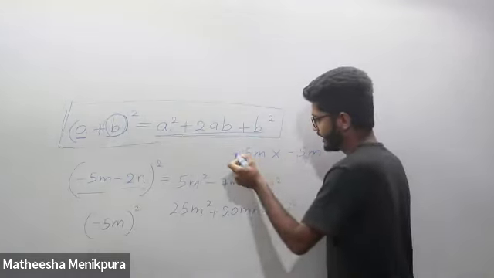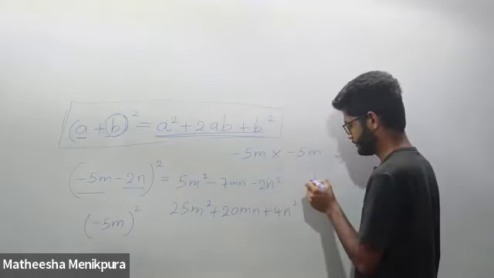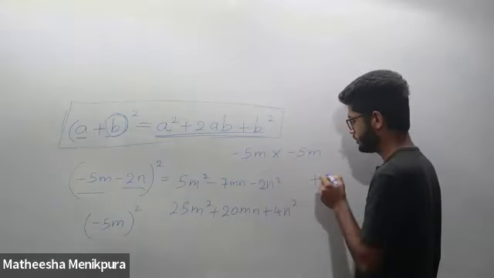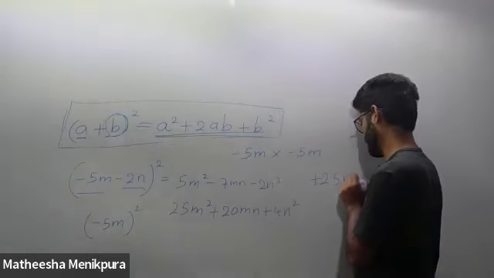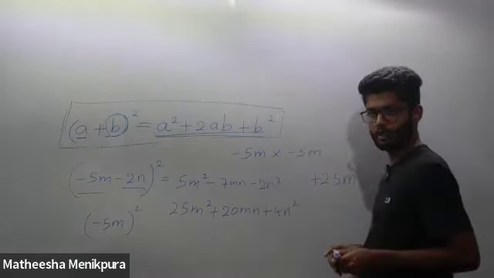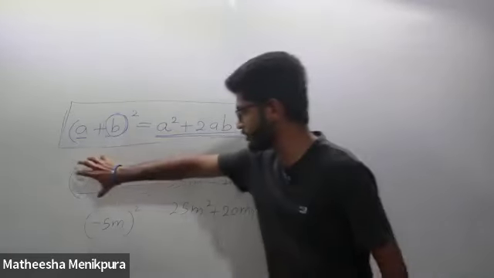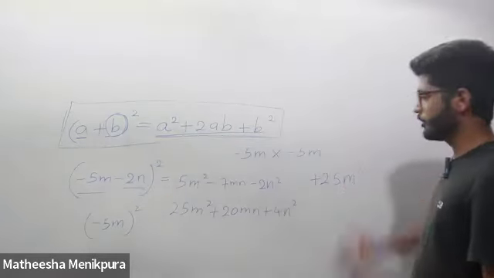Minus into minus is plus, 5 into 5 is 25, m into m is m squared. So square of the first term is 25m squared.